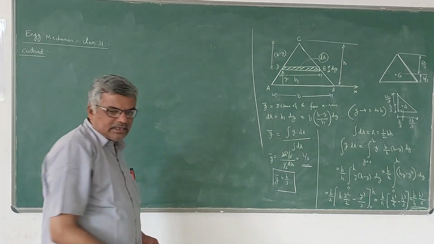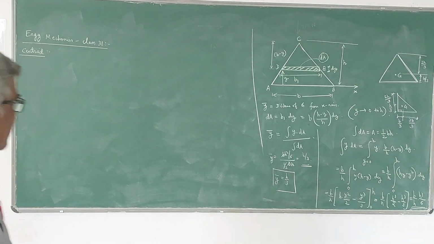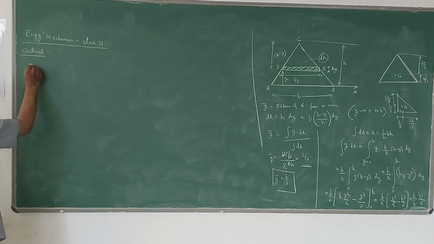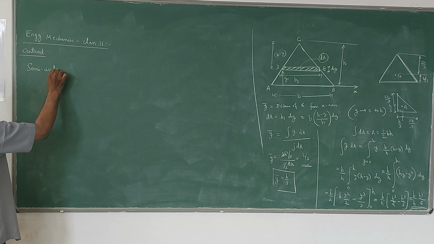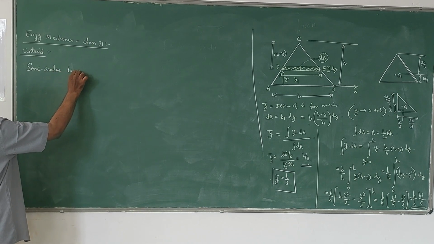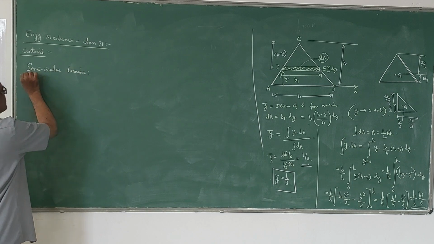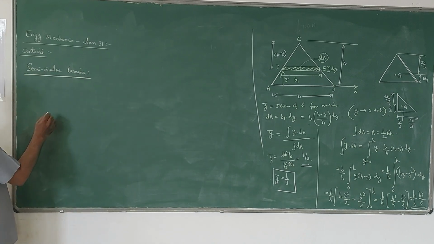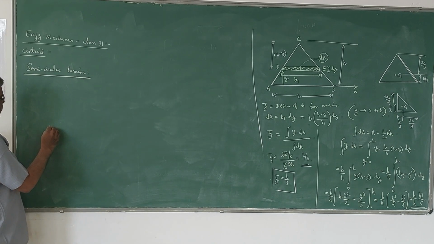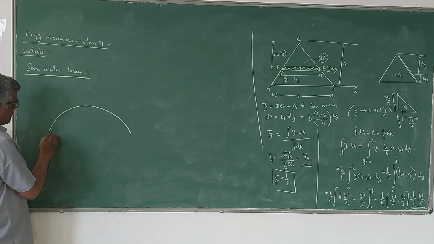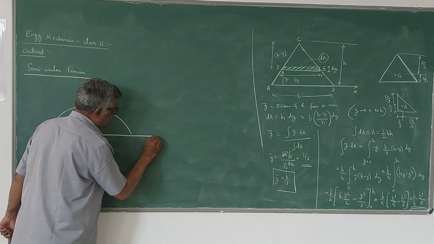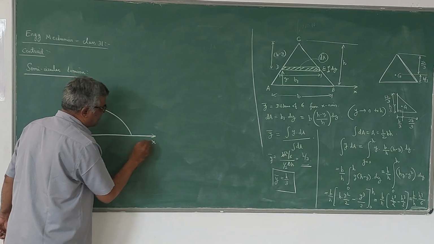Let us see that. Now, in the case of a semicircular lamina, let us see how we can locate the centroid of a semicircular lamina. In the case of the semicircular lamina, you can see that it is symmetrical about only one axis. If you choose this as the semicircle, I will take this diametral axis.